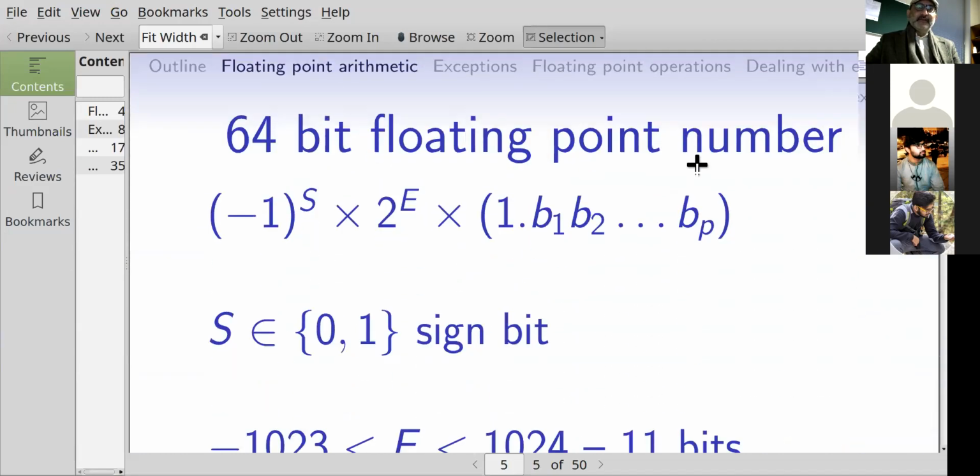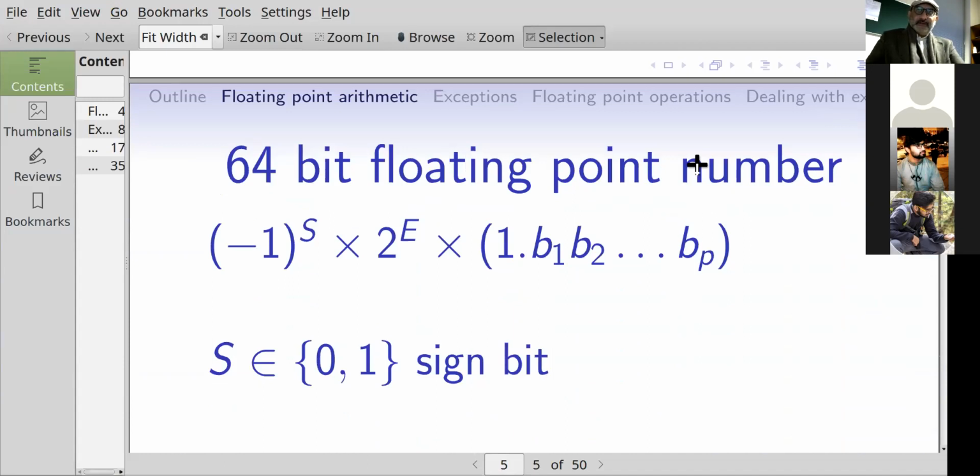This is how we think that our numbers are being represented in binary. So we've got one bit, which I'm calling S in this expression. This is for the sign. It's either 0 or 1. And then we've got a number of bits for the exponent, right?